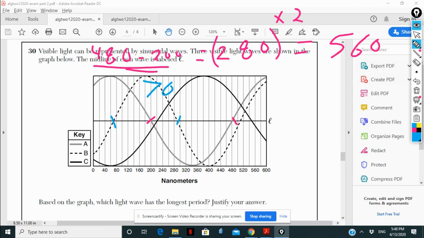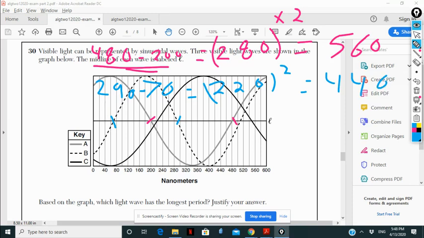Now I'm going to do for that line, so that's almost 70. The other half at 290, so 290 minus 70 giving me 220. Multiplying by 2 is giving me 440.